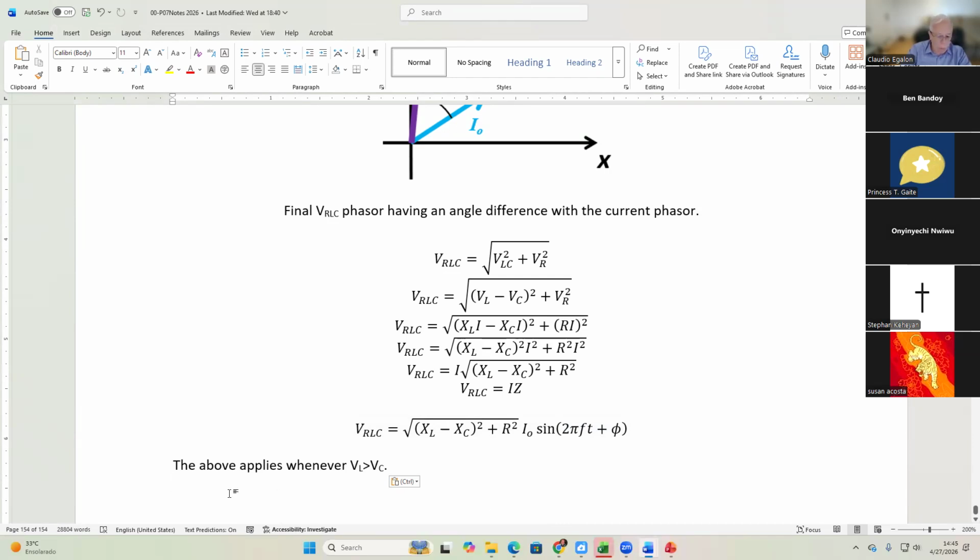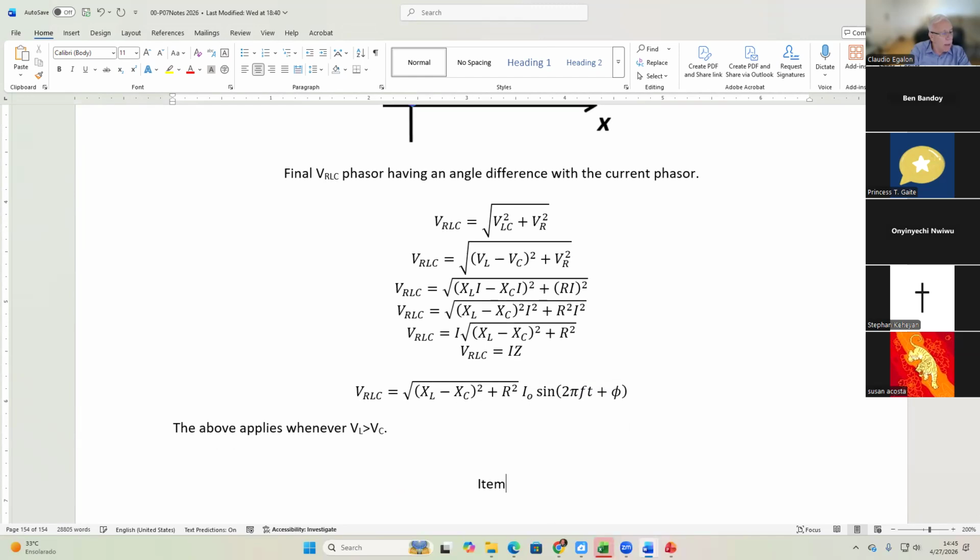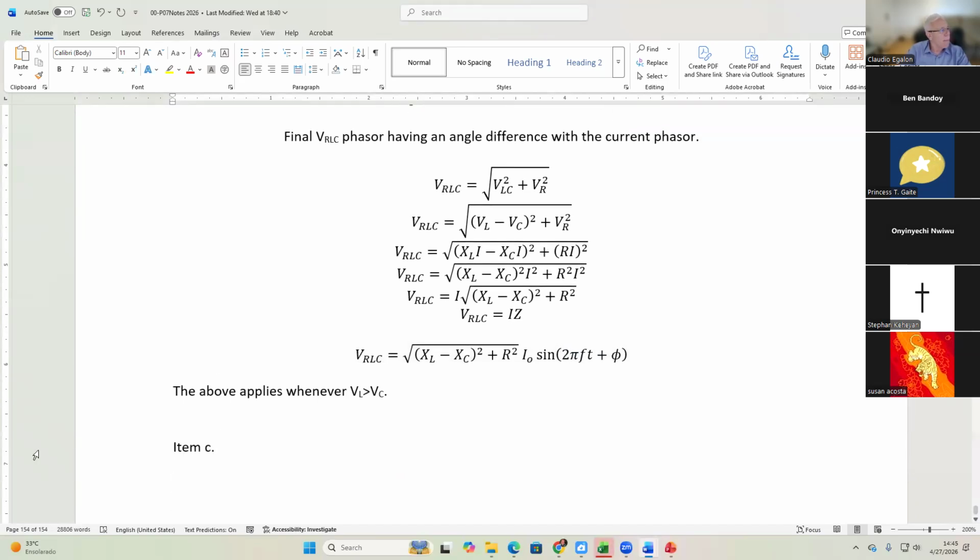So we can here write our item C. Another way of writing the whole thing would be in terms of the voltage.